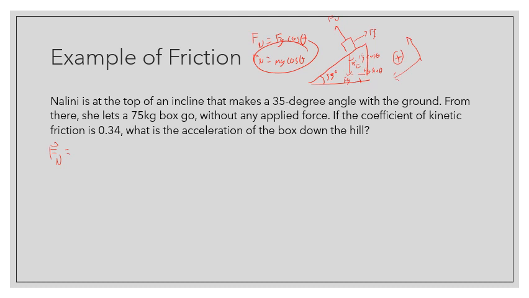So mg, 75 times 9.8 times cosine of 35. So that comes out to be 602.1 newtons. And we know that the equation for kinetic friction is equal to normal force times the coefficient of kinetic friction.